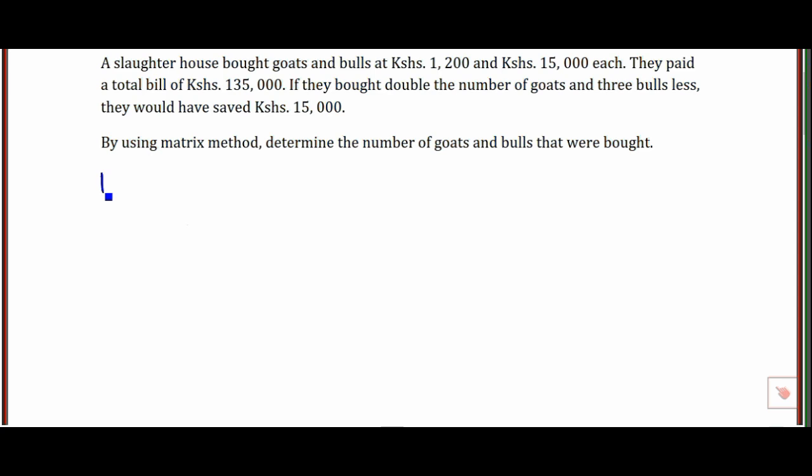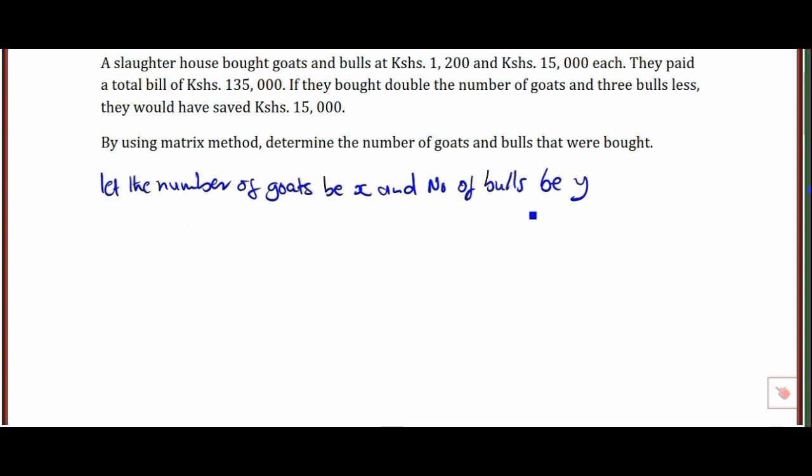Now, from here, we are going to let the number of goats be x, and the number of bulls be y. So we are going to work with x and y in this situation here.